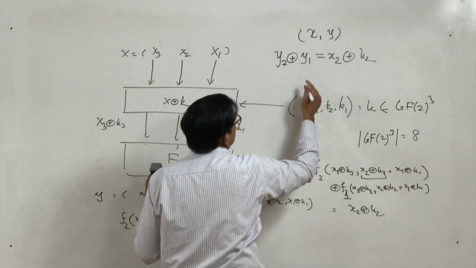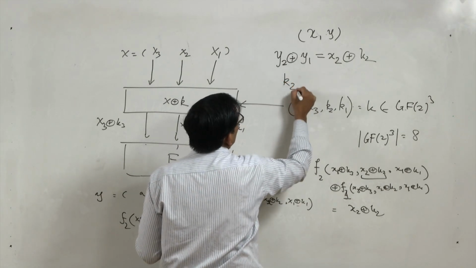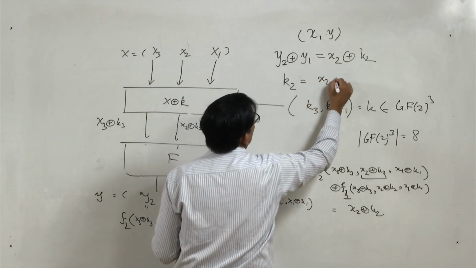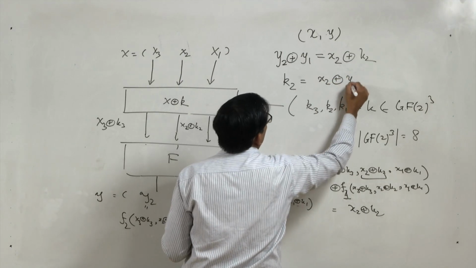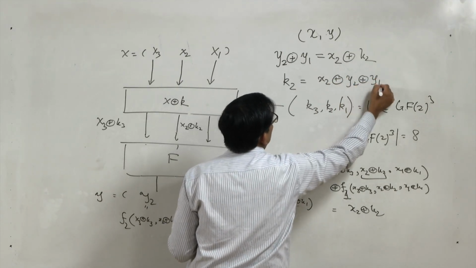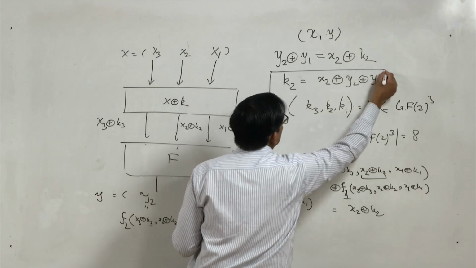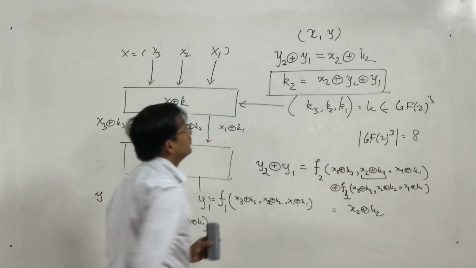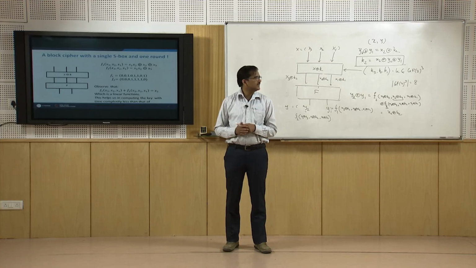Of course, this plus is XOR, and therefore K2 is equal to X2 plus Y2 plus Y1, and this is interesting. Now, why is this interesting?